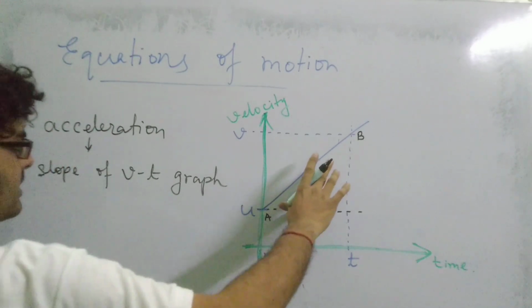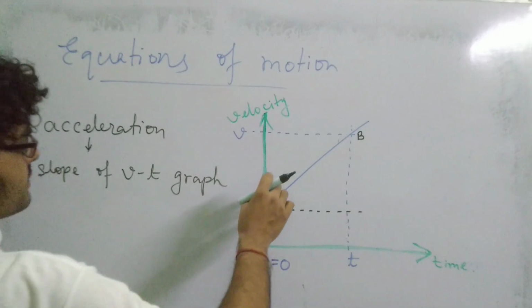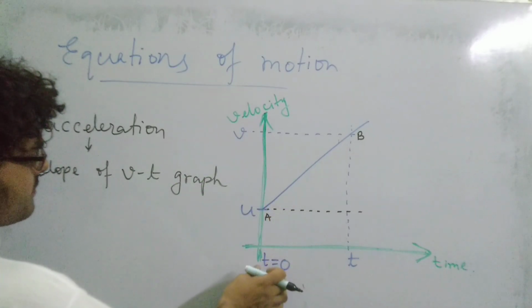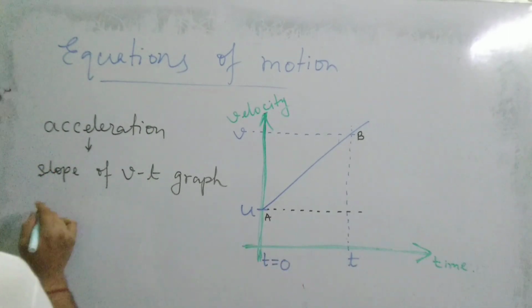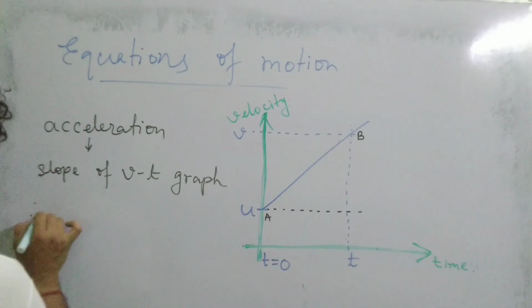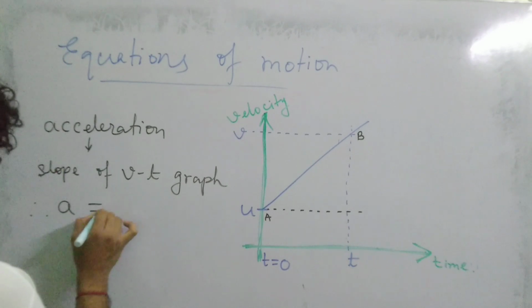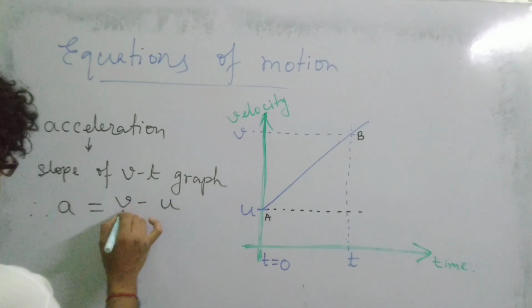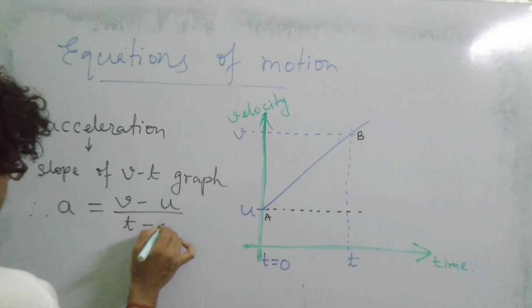So if I consider this part AB, the velocity has changed from u to v, and the time has changed from 0 to time t. Therefore acceleration, denoted by a, will be given as v minus u by t minus 0.